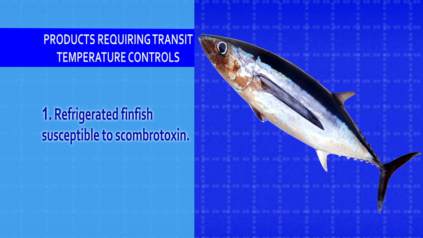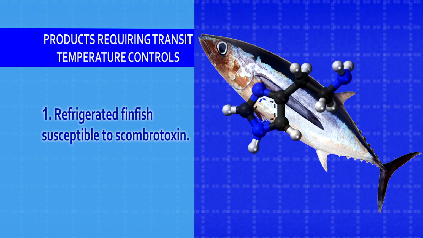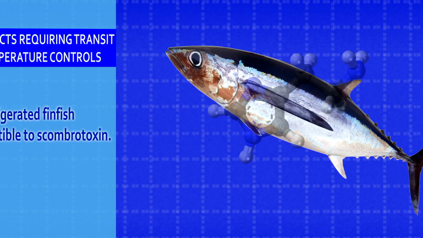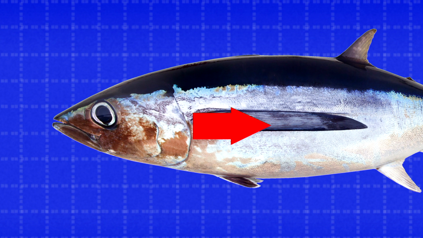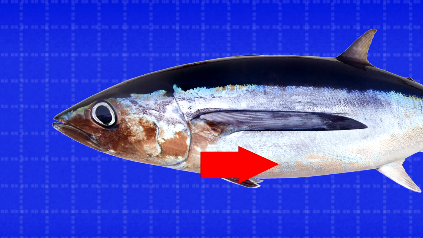The first type includes refrigerated fin fish that are naturally susceptible to scombrotoxin. Scombrotoxin consists of histamine and other biogenic amines produced by enzyme activity from naturally occurring bacteria in the marine environment. They exist on the gills, external surfaces, and in the gut of the live fish.